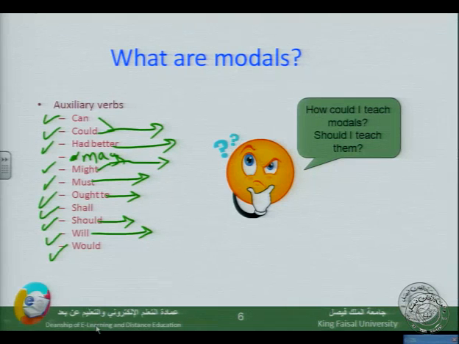For example, they give imperatives instead of making suggestions. So we have polite speech and less polite speech. Try to always be polite.